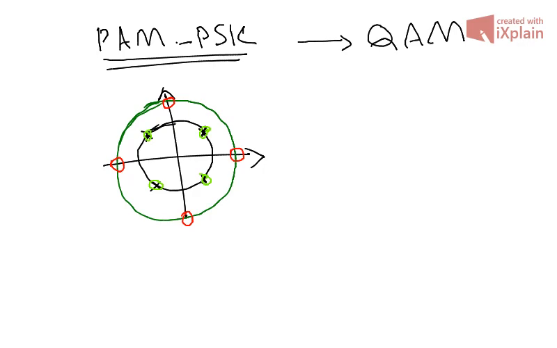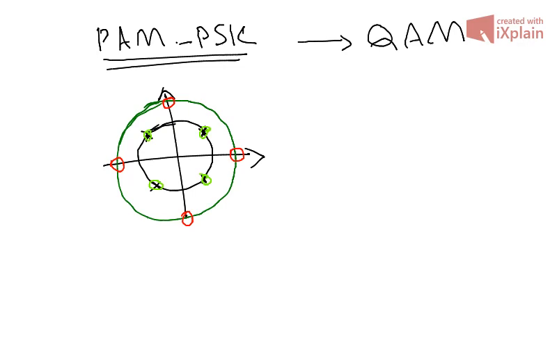If you say you have 4 PSK on the inner circle and 4 PSK on the outer circle, it's 8. We have a PSK signal at the inner circle, and the outer circle also has a PSK signal, but with a different amplitude.